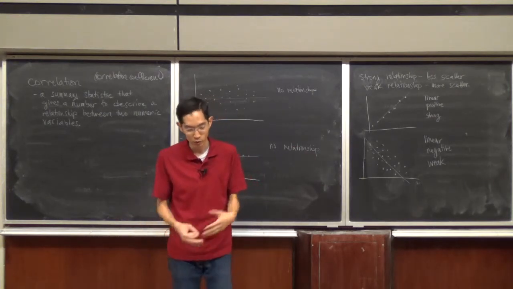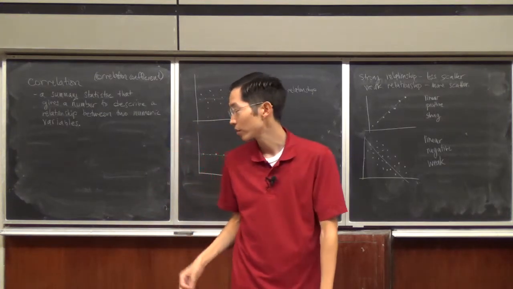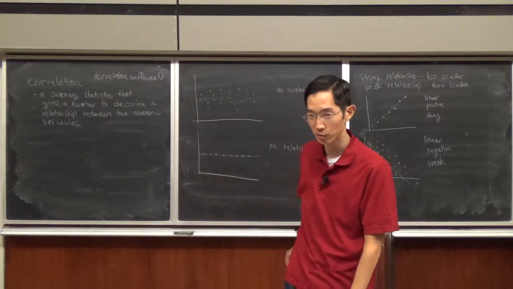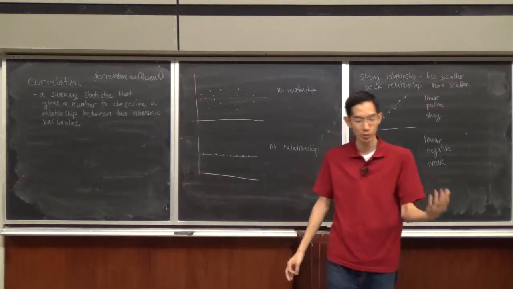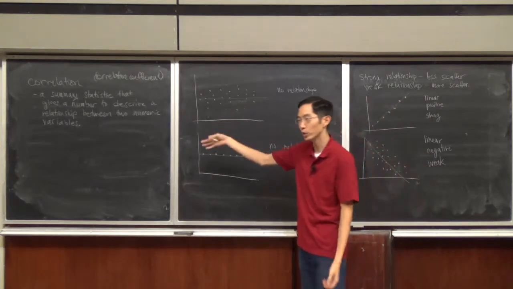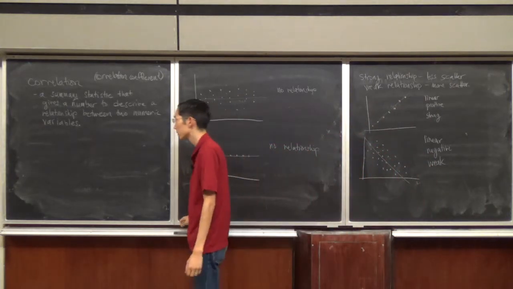By understanding those numbers, we get an idea of what the relationship looks like. It serves the same purpose, but of course, the function, what it does, is very different.